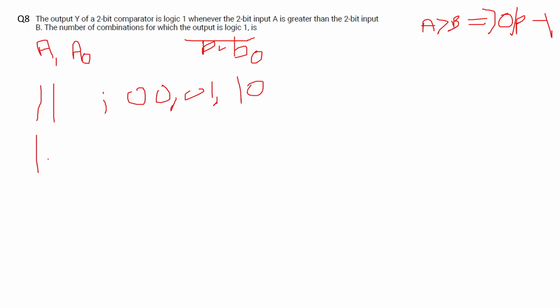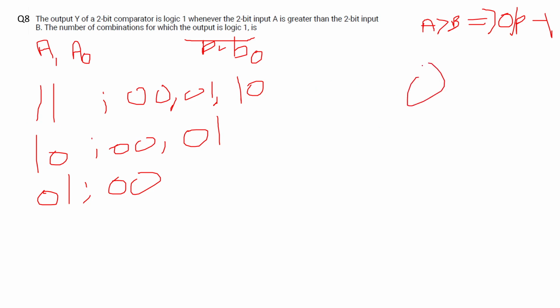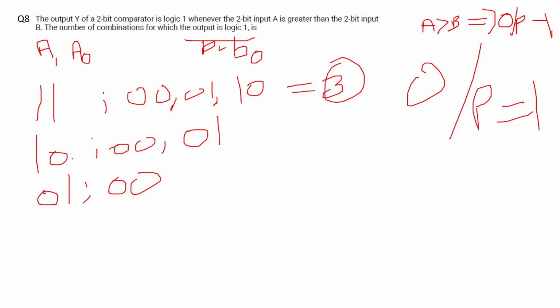When A is 1 0, A can be greater than B when B is 0 0 and B is 0 1, and when A is 0 1, A can be greater than B only for 0 0. So these are the combinations for which my output will be equal to 1. So how many possible cases? 1 1 0 0 is 1, 1 1 0 1 is 2, 1 1 1 0 is 3. So here I have 3, here I have 2 combinations, and here I have 1 combination.